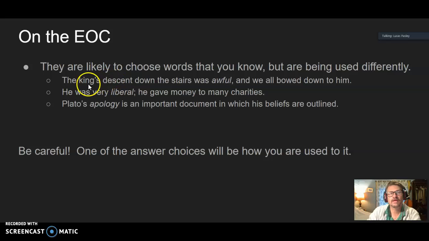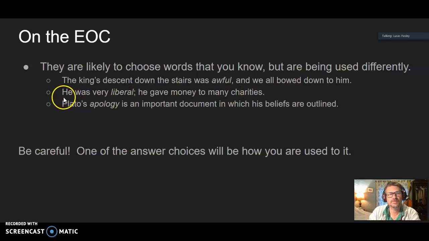So if we look here, the king's descent down the stairs was awful, and we all bowed down to him. Awful used to mean that it filled you with awe. It inspired you. It was closer to awesome than our current use of awful. So that's a word that you're familiar with, awful, but it's being used differently.